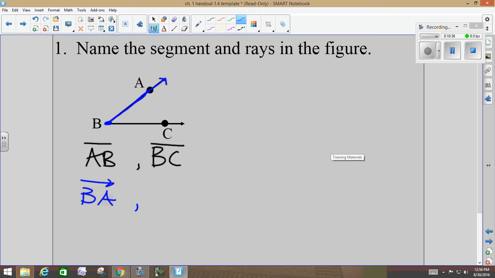There's another ray in here. Wilford? Good, ray BC. Make sure you put your symbols on it, because otherwise if you write BC twice, I don't know if you're talking about the segment or the ray. Peyton, would you call ray BA and BC opposite rays?